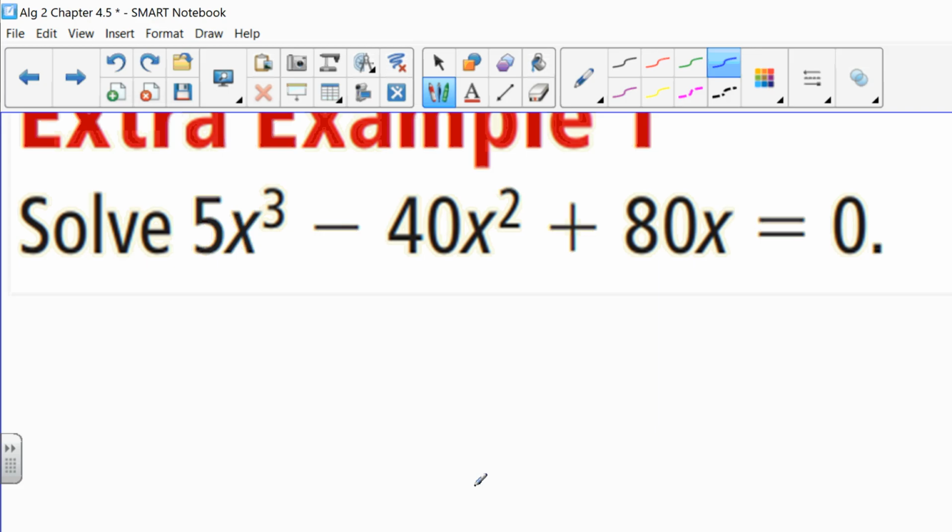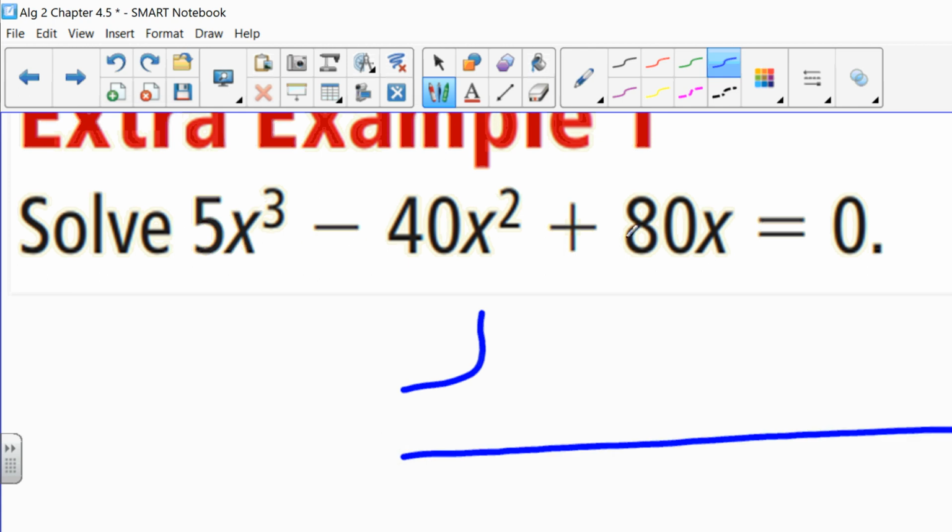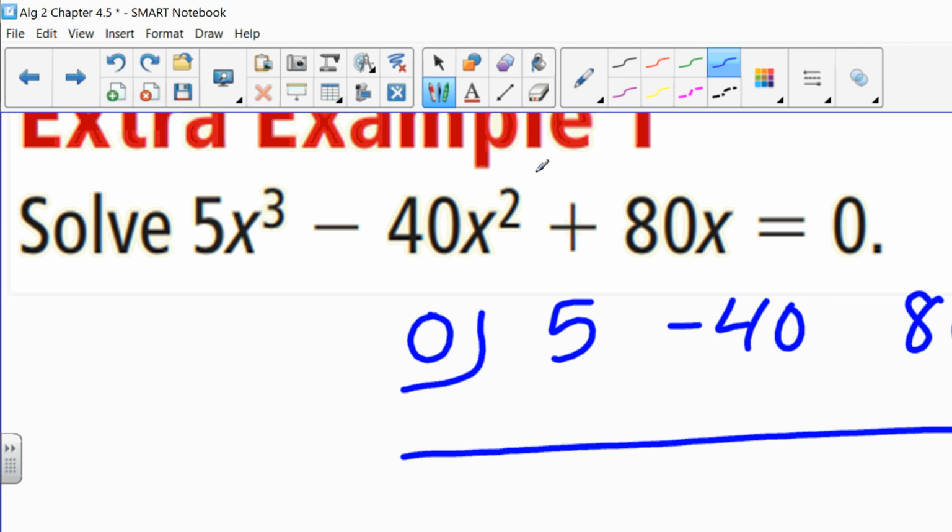So we can come back over here. So we have 0 and 4. And we can use synthetic division to simplify it down to figure out what the third number is. So the first one we can use is, well, 0. And we can bring down the 5.